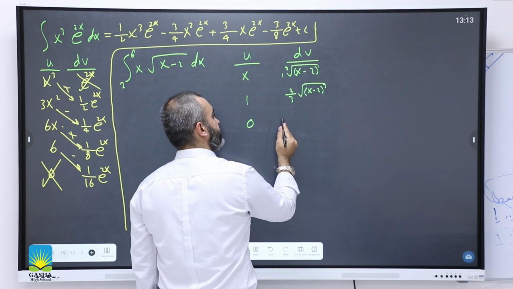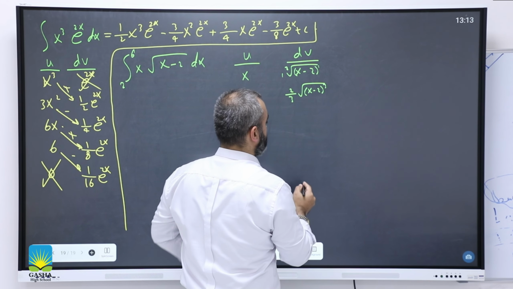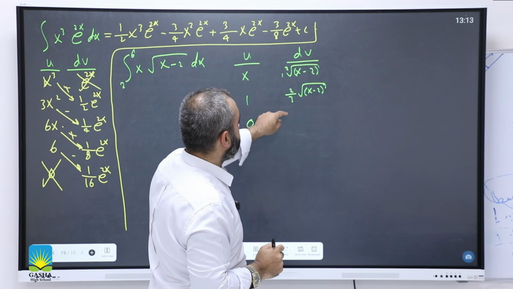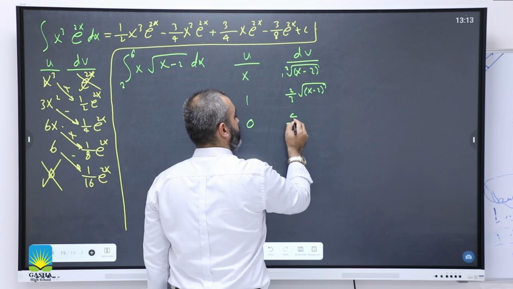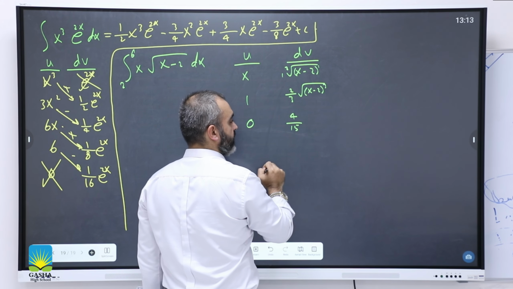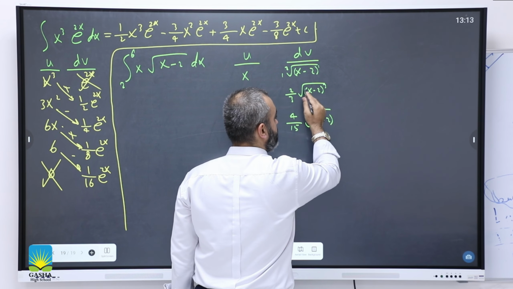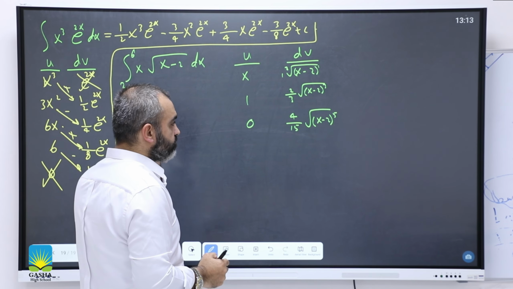Also the second integral, 2 over 3 times 2, it's 4 over 3, divided by 5, it's 4 over 15, right? Square root of x minus 2 to the power 5, right? 4 over 15.